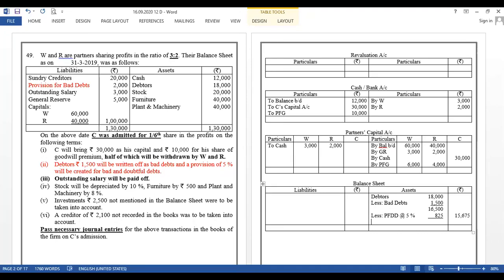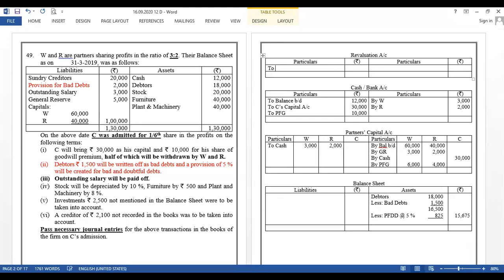We have a credit of 2,000 for provision for doubtful debts. Out of that, 1,500 was bad debts. So the remaining provision left with us is 500. The provision required is 825, but we have a provision of 500 only. So an additional provision is to be made for 325, and that is a loss.